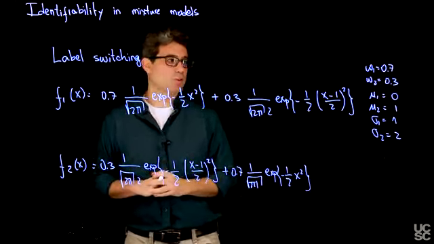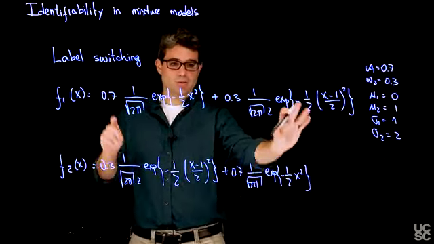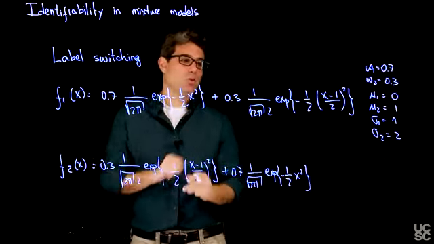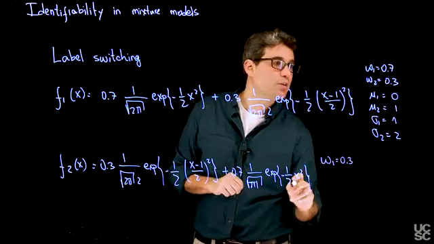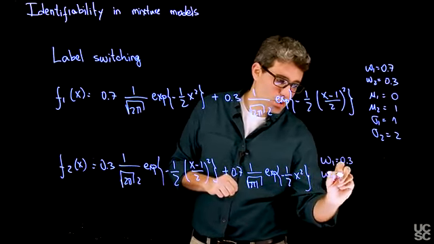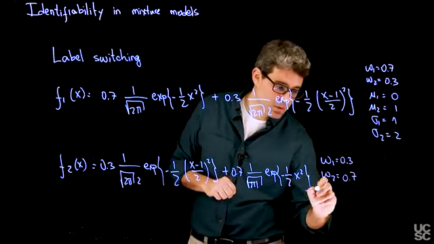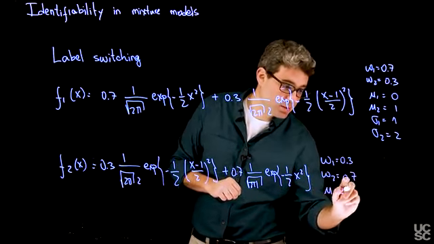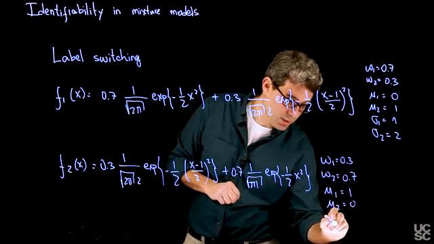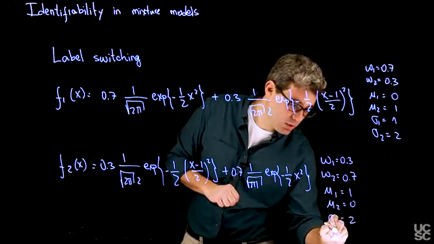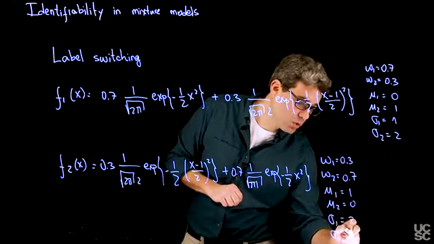Now, if I'm again going to use the notation that I had before to recognize what the terms are, if I write it this way by just switching the order of the terms, what I have is my omega 1 is 0.3, my omega 2 is 0.7, my mu 1 is 1, my mu 2 is 0, my sigma 1 is 2, and my sigma 2 is 1.